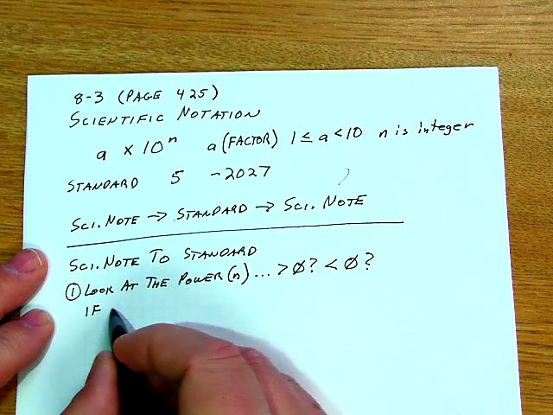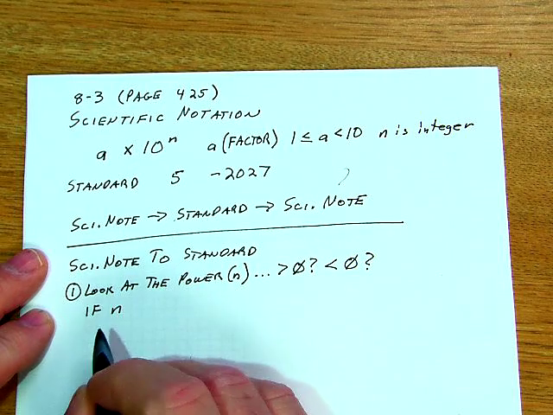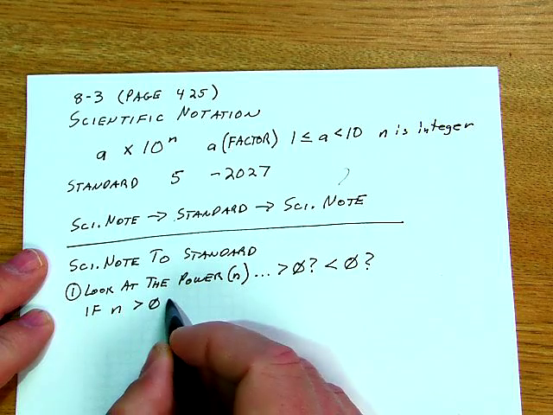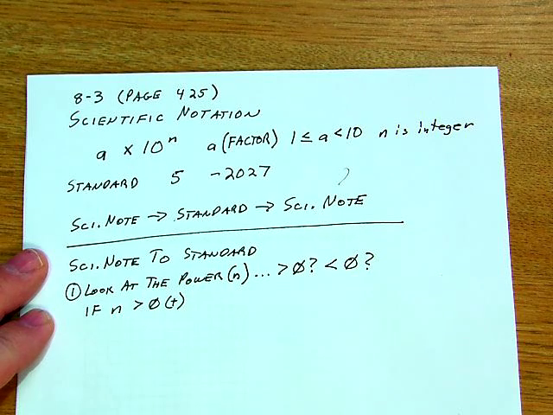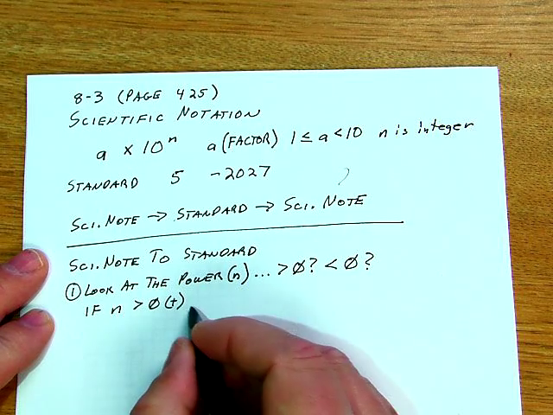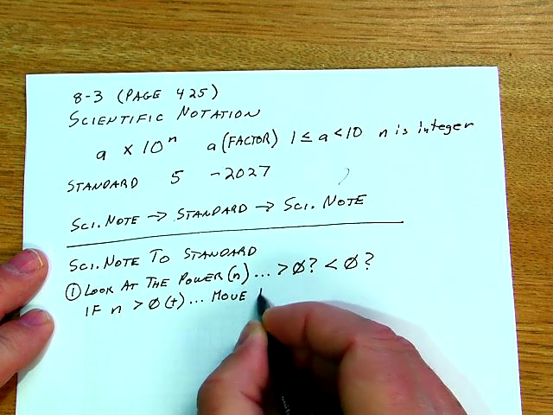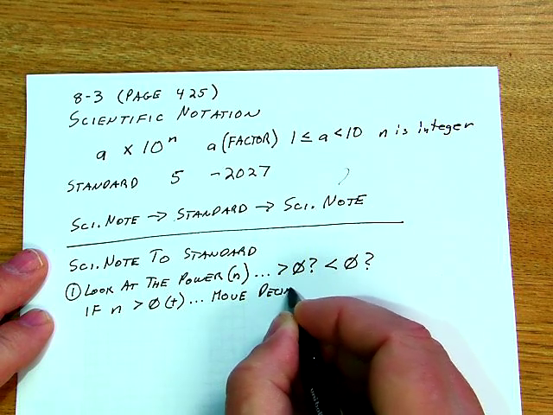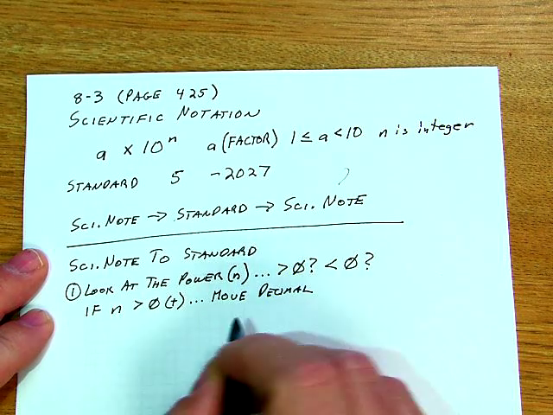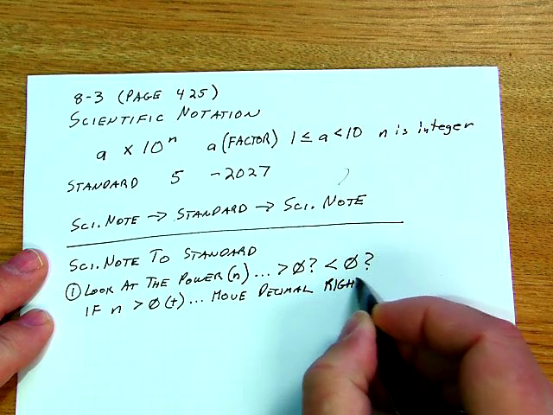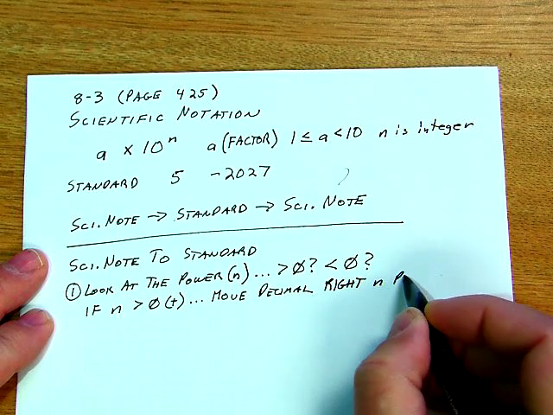If the power, or n, is greater than 0, in other words, it's a positive power, then you move the decimal right n places.